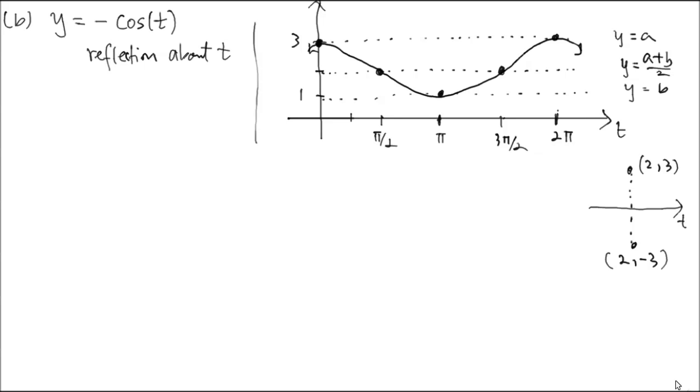How about the amplitude lines? y equals 1 and y equals negative 1. They're reflected. y equals 1 goes down to negative 1, right? y equals negative 1 goes up. So you're going to write it like this. y equals 1, as you reflect it, that amplitude line becomes what? Negative 1. And y equals negative 1 becomes a positive 1.